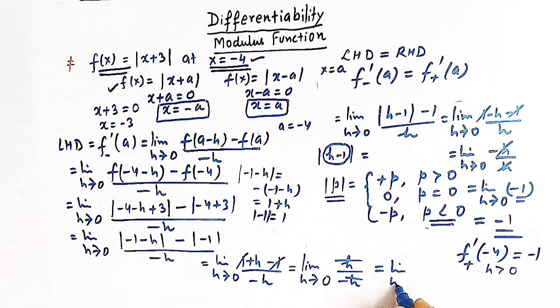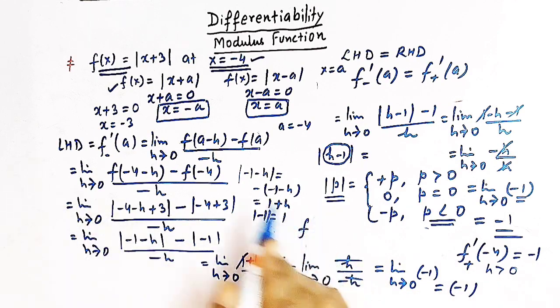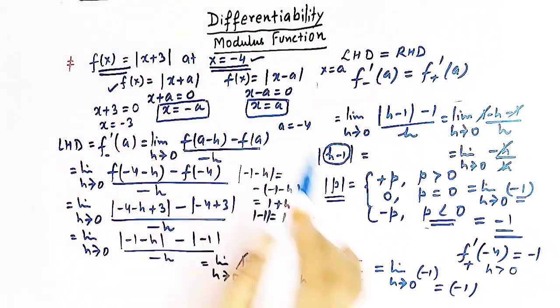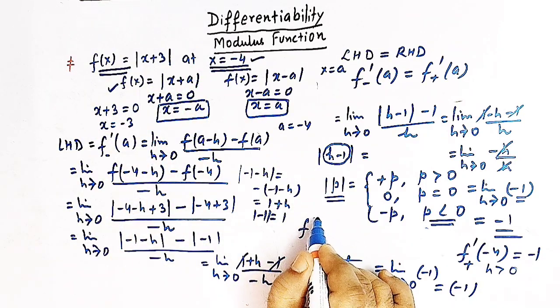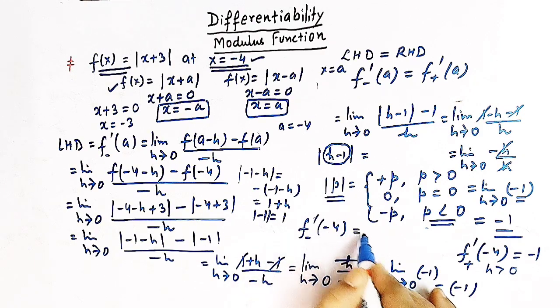So we have limit h tends to 0 of minus 1, that is minus 1. So the left hand derivative of this function at this point, that is f prime of minus 4, here we write a negative sign, is equal to minus 1, right?